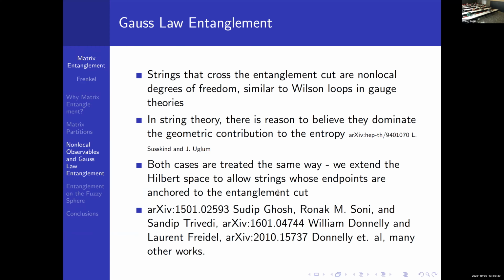There is, in principle, many ways to do this. If you're doing things correctly, there should be some universal area law behavior that is independent of your choice of regularization of the theory. It usually involves regularization.